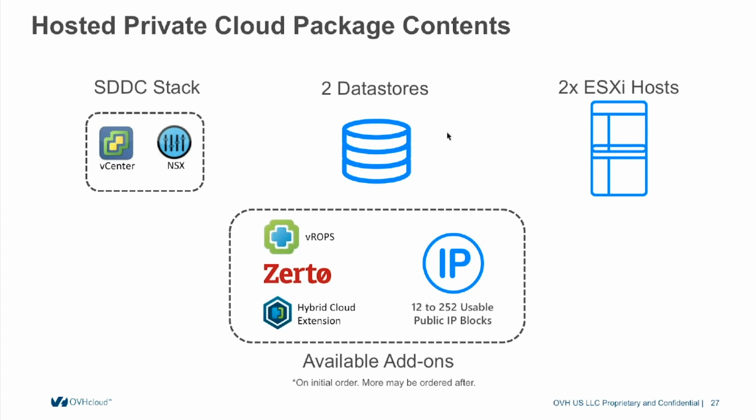Now, in terms of add-ons, which we've been focusing a lot on today, primarily we're looking at Zerto. That's our number 1. We have vRealize Operations also. We also have from VMware Hybrid Cloud Extension.